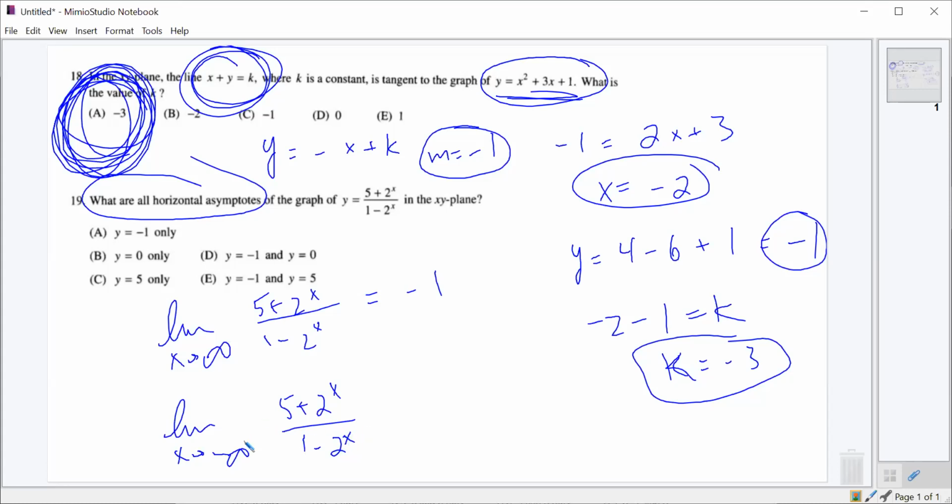This 2 to the x, as we go towards negative infinity, that effectively becomes like a positive, and that's going to cancel out with this term up here, right? And this becomes a negative, because a -2 to the negative infinity.